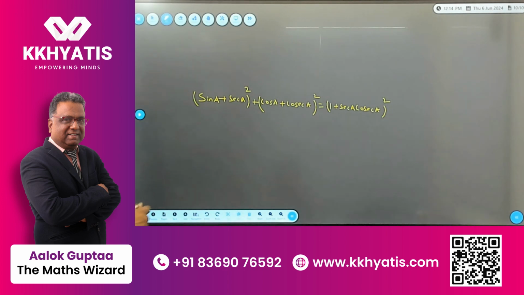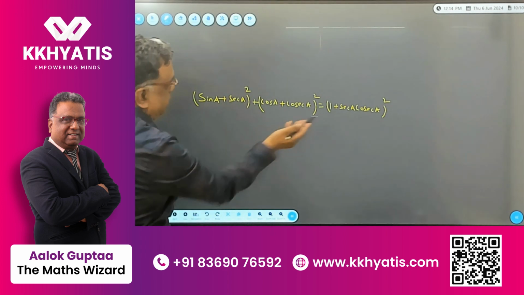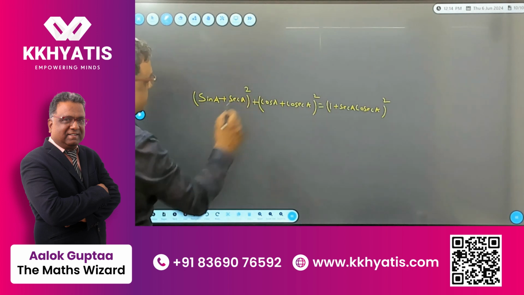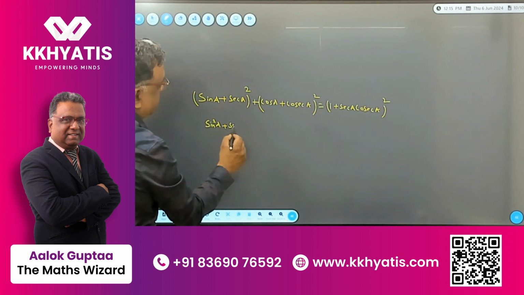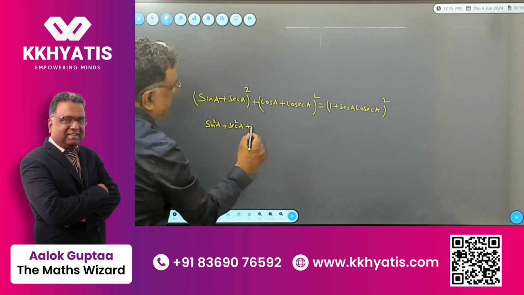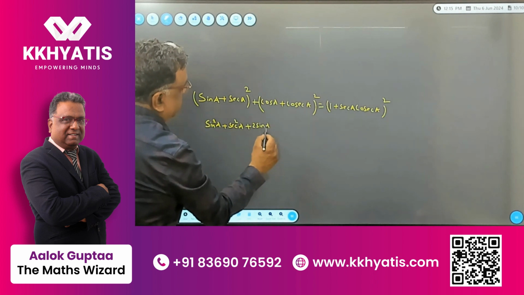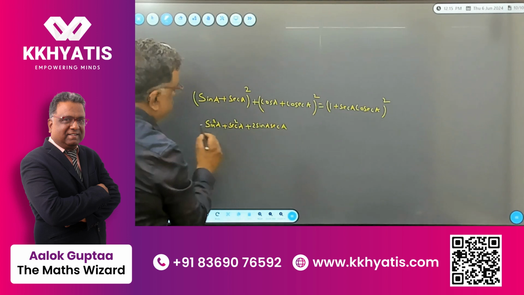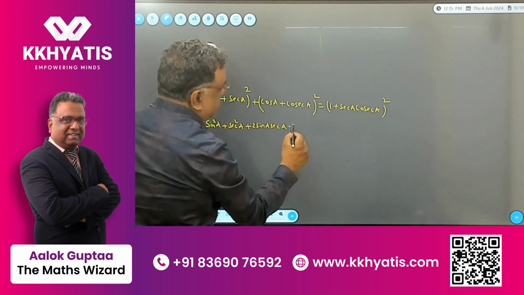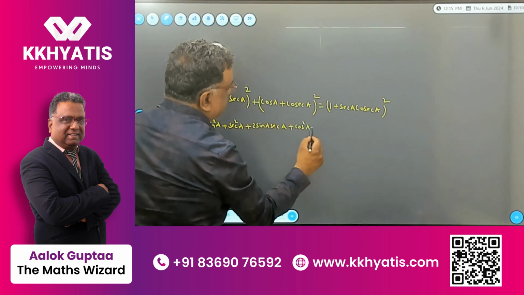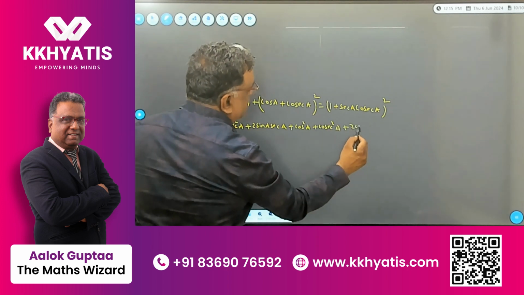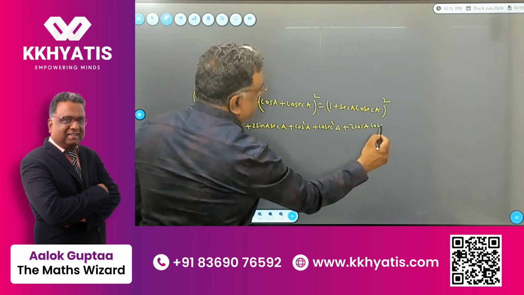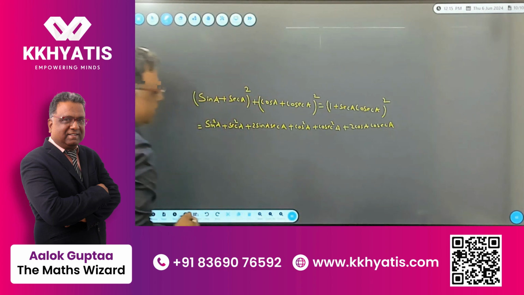So as usual, let's start from the left hand side. I'll expand this: sine square A plus sec square A plus 2 sine A sec A. And this I can write as cos square A plus cosec square A plus 2 cos A cosec A. So this is what I wrote.